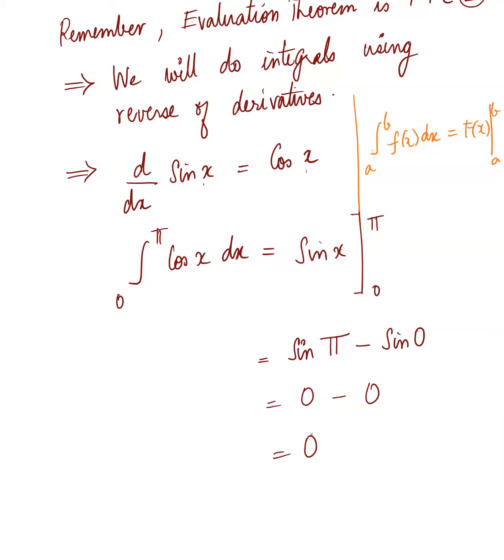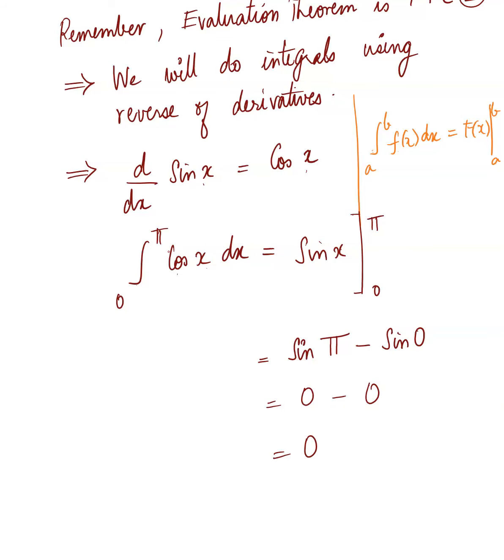Okay. And I'm going to shortly explain to you why that is the case. What does this mean? This means that the area is 0, isn't it? Because this is nothing but area under the curve of cosine x from 0 to pi, and it comes out as 0. But we know that the cosine function is a wave graph, which means from 0 to pi you do have some movement of the graph, so there should be some area.